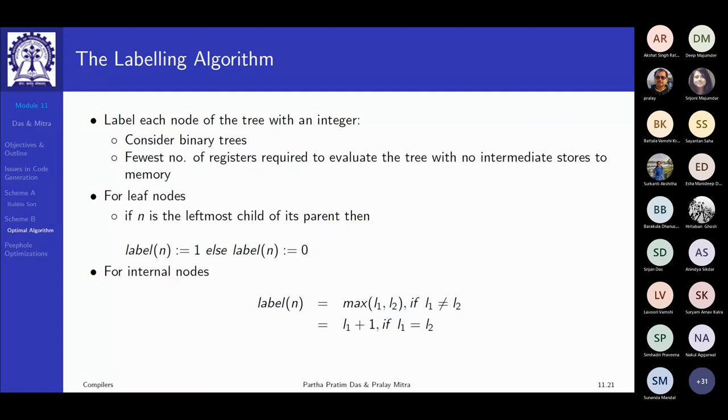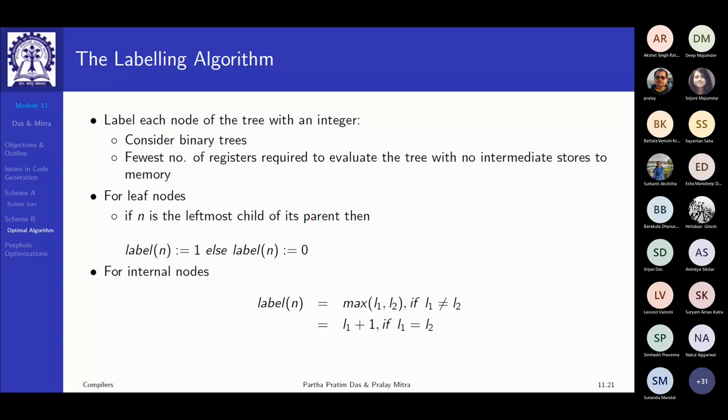So I will compute the right subtree first, getting the value. So it will require L2 registers to do that. After it is done, the result of the right subtree will be retained in one register. Then I will do the left subtree. Now, since L1 is less than L2, L1 at the maximum can be L2 minus 1.